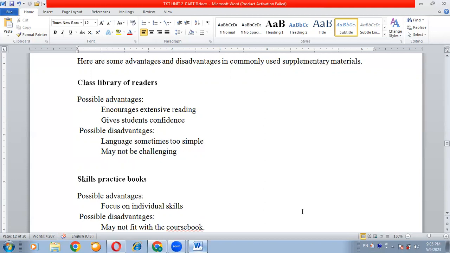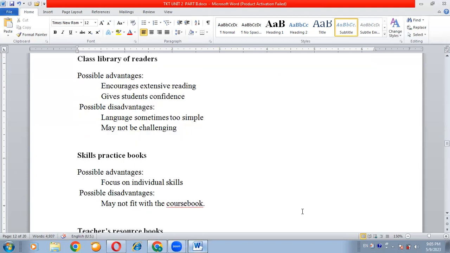They can read and they can understand. Disadvantage: the language is sometimes too simple and may not be challenging, not enough challenge.